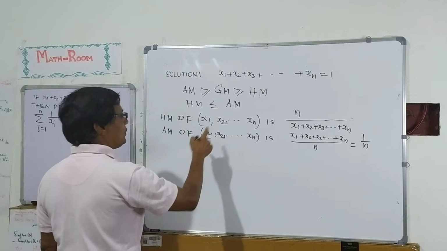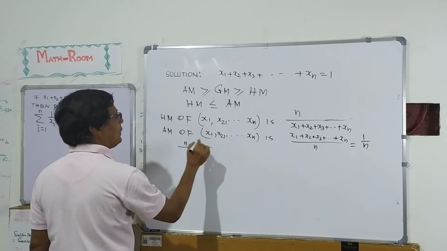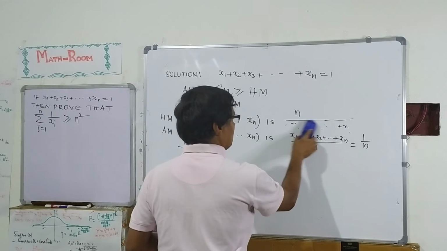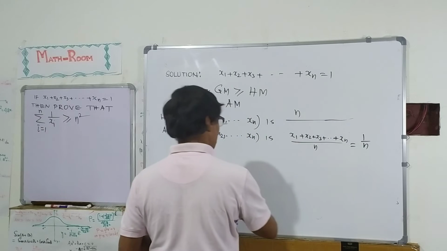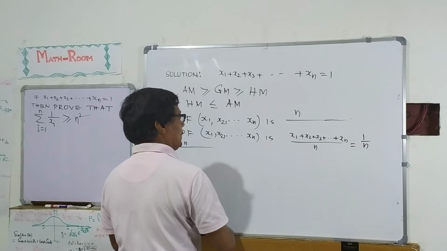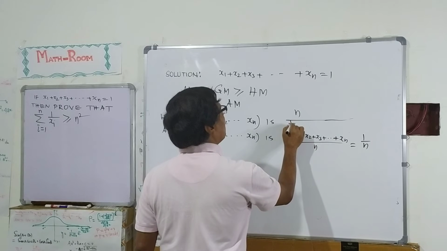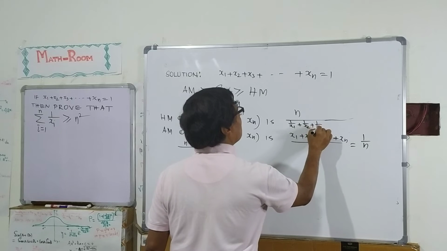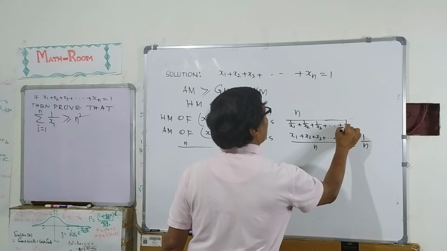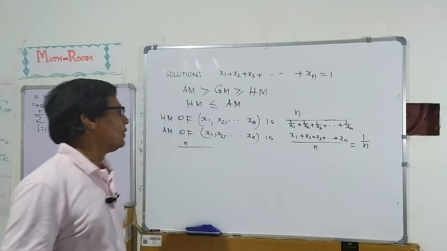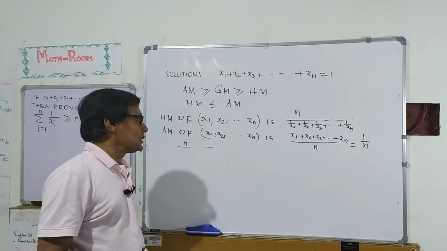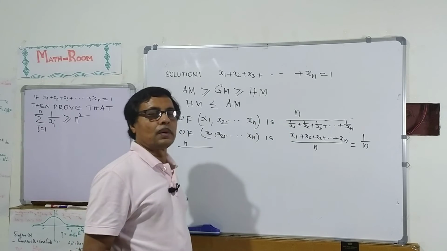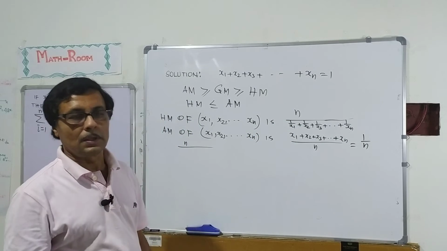So the harmonic mean of x1, x2, x3 ... xn is n over 1 over x1 plus 1 over x2 plus 1 over x3 ... plus 1 over xn.